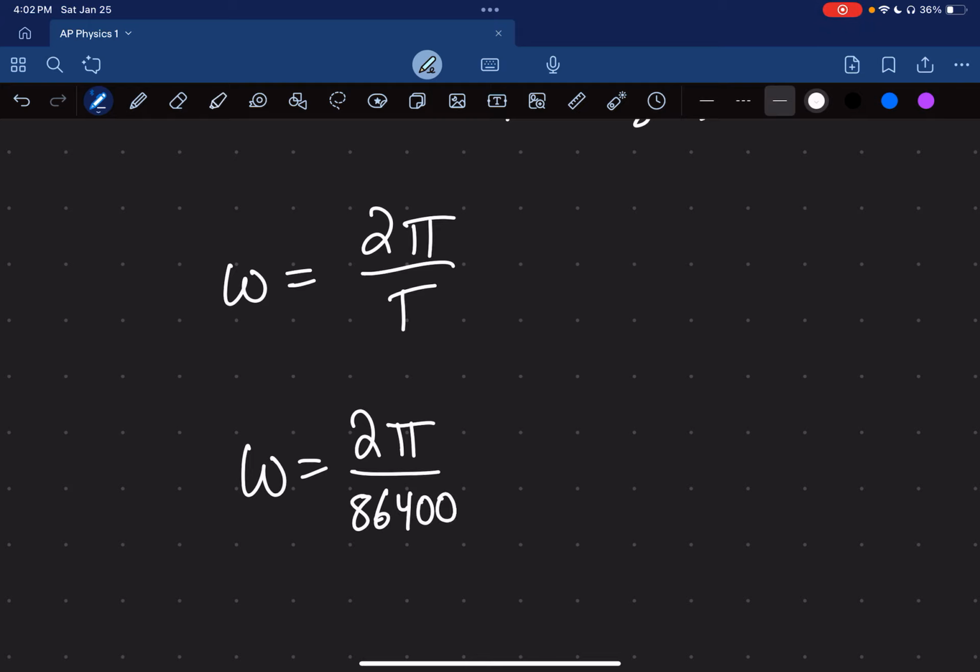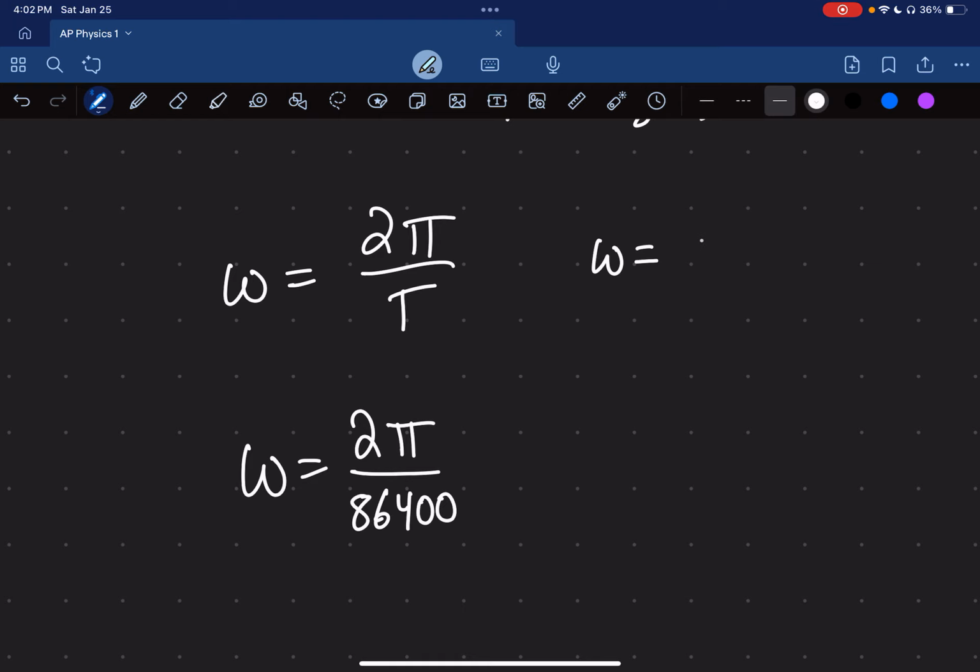I didn't want to guess incorrectly here. It comes out to 86,400 seconds. And so this would be 2 pi over 86400. Oh, what a wonderful number.